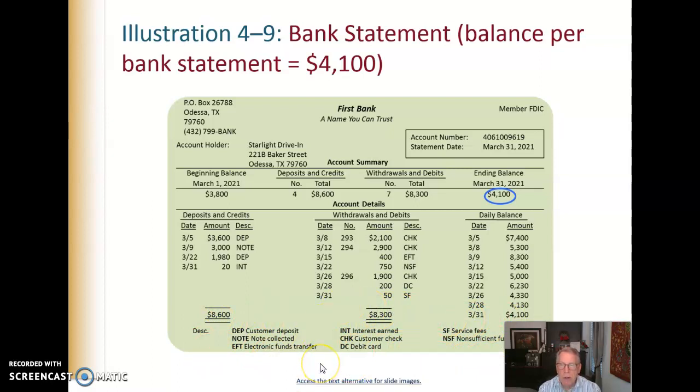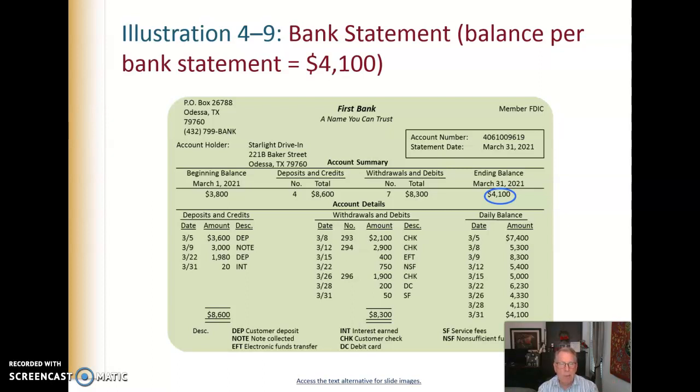You can see we have a customer deposit. Sometimes the bank will collect a note for us. We have electronic funds transfer, EFT. We have interest that's earned. Customers deposit a check.